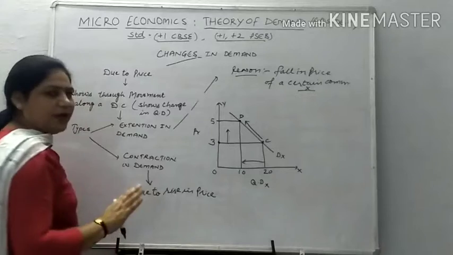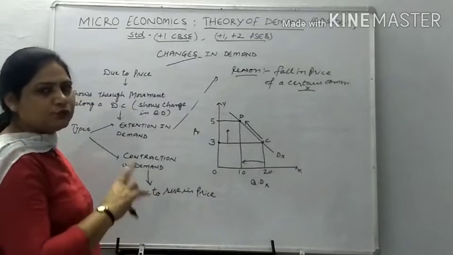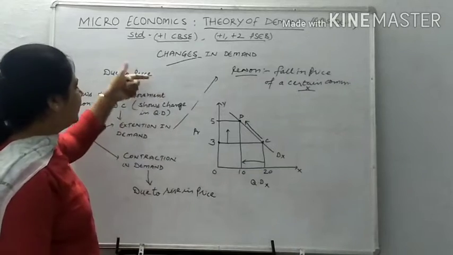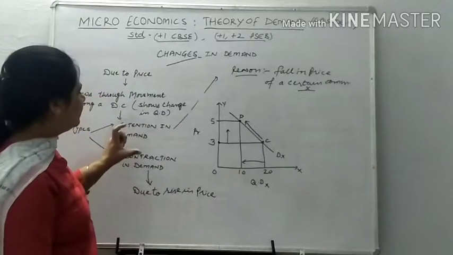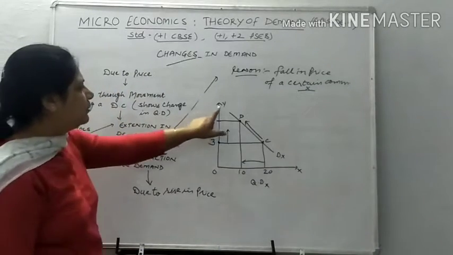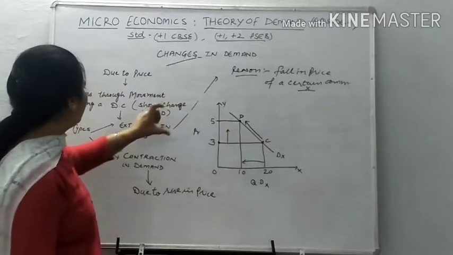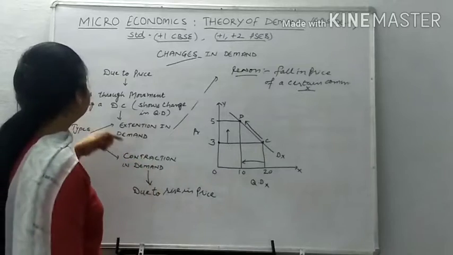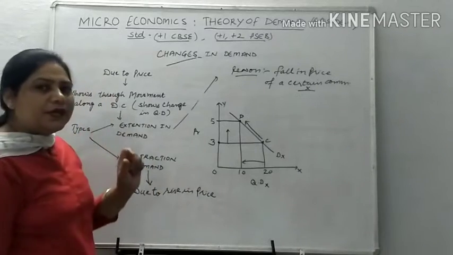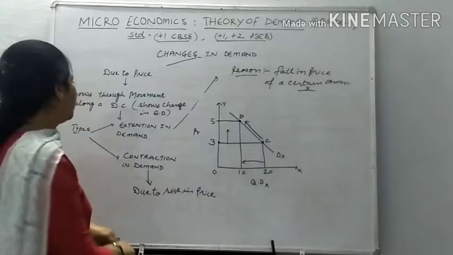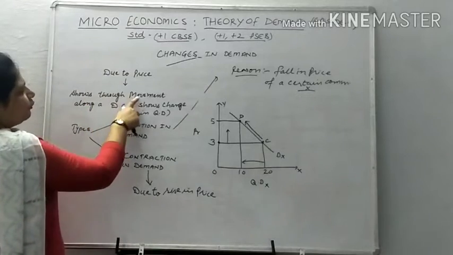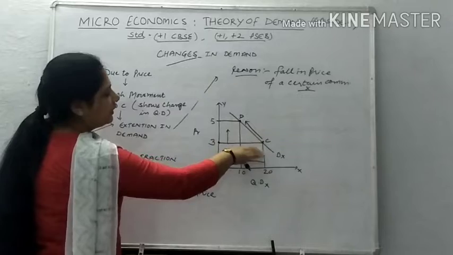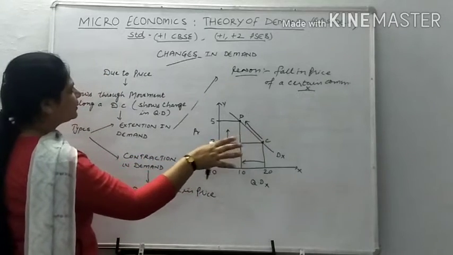Okay students, I hope you got these two topics. If there is a change in price, then we show the same change according to movement along a demand curve, as we show here in the figures.